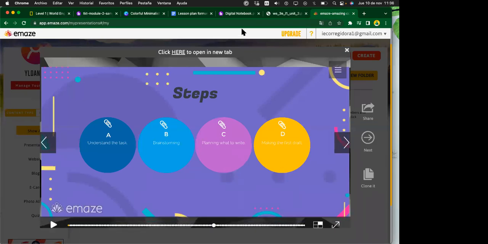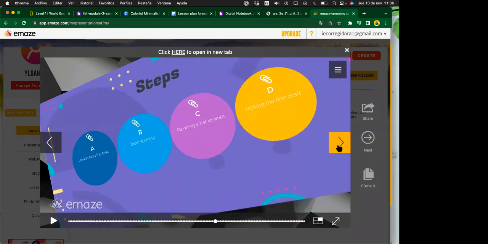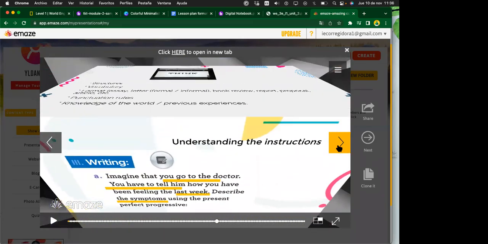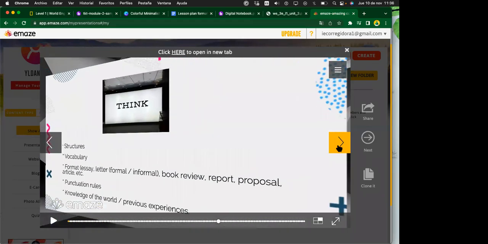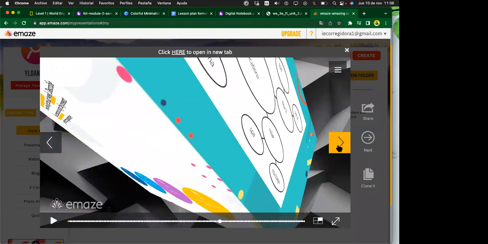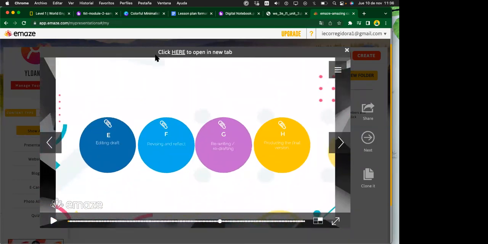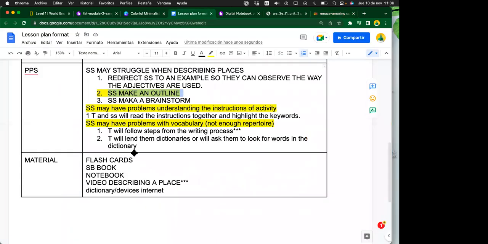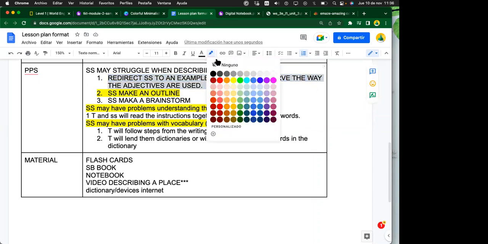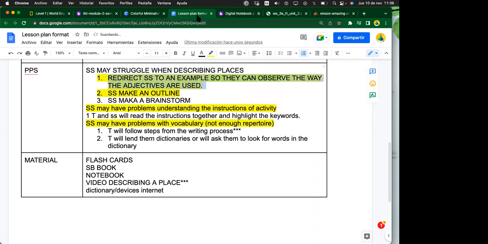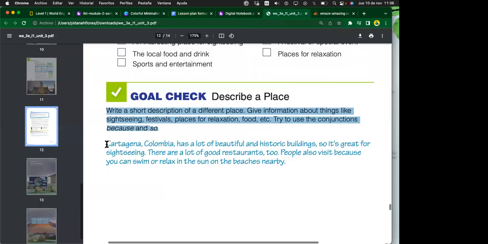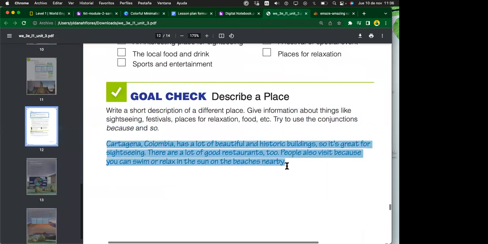Luego, making a first draft. Luego, I have the editing the draft. Aquí. Entonces, probably in here can be self-evaluation because they observe, or you are redirecting the attention of the students to this example, because in here they have an example.